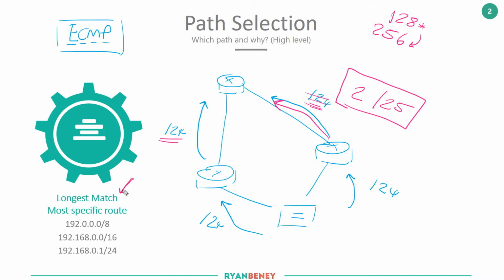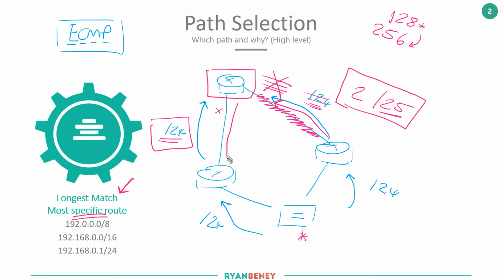Going back to what we learned so far about path selection, we know those two /25s are more specific than the /24, so the path the router would use to reach the final destination will be via the /25 and not via the /24, because the /25 path is more specific. However, if the /25 path were to go down, let's say this link here fails, then it will fall back to the /24 and routing will go the other way to reach the destination.